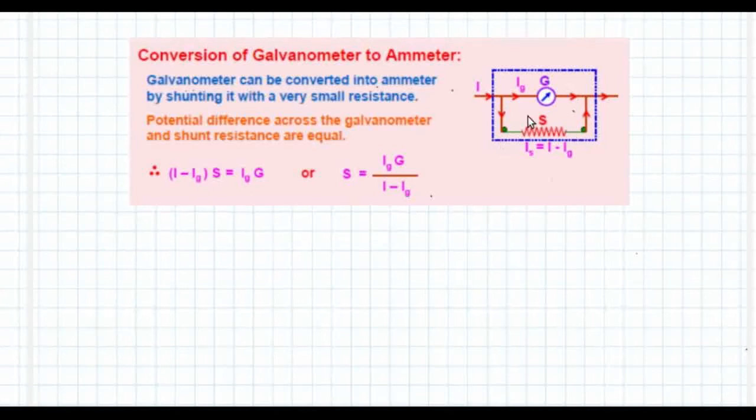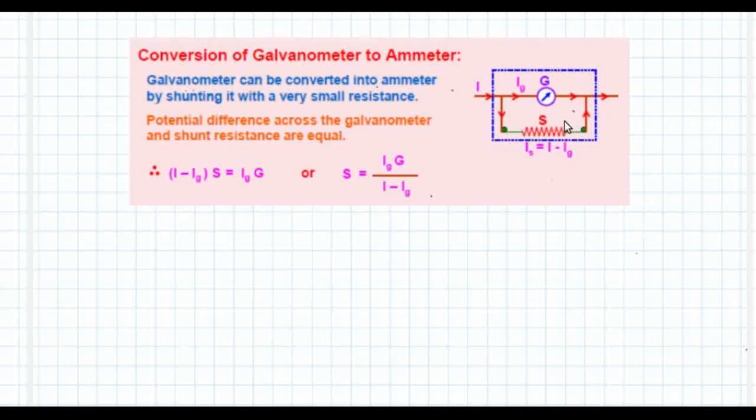The S represents the shunt resistance and the resistance of this shunt will be as small as possible, because almost all the current will pass through this shunt resistance, bypassing the galvanometer. Now if I is the current coming to this point and Ig is the current passing through the galvanometer, the balance current, I minus Ig, will pass through the shunt resistance.